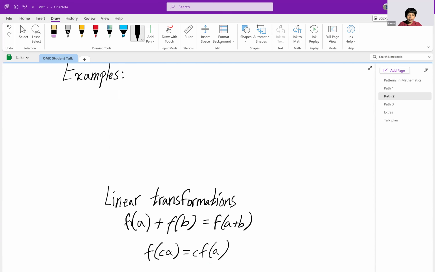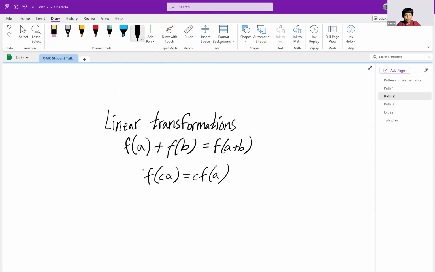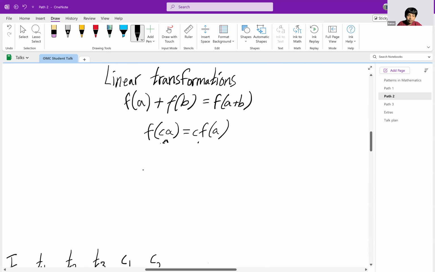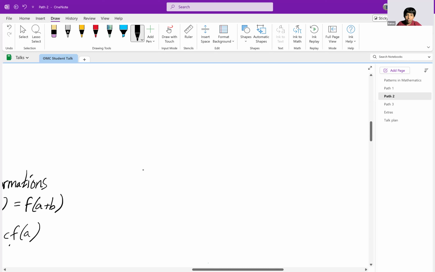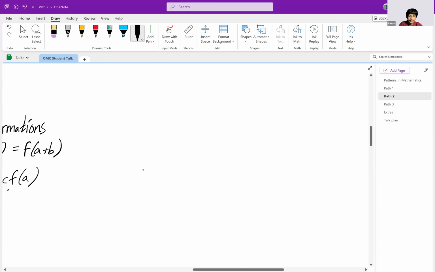And we can also look at involutory linear transformations. So, a linear transformation means that if we have any multiplication, it passes out, and the addition passes out. So, what about a simple case?